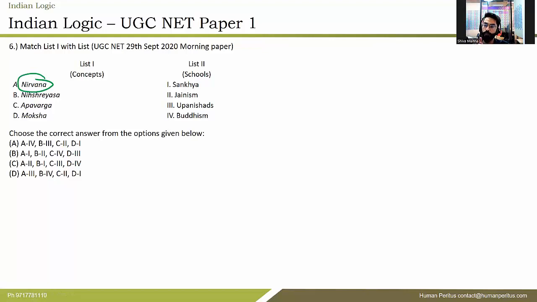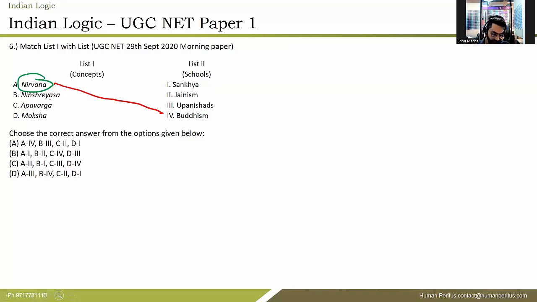Nirvana talks about moksha, when a person becomes unworried about the materialistic things or the worldly things, right? Nirvana is a concept of Buddhism. You attain nirvana when you surpass the urge of having worldly things, right?